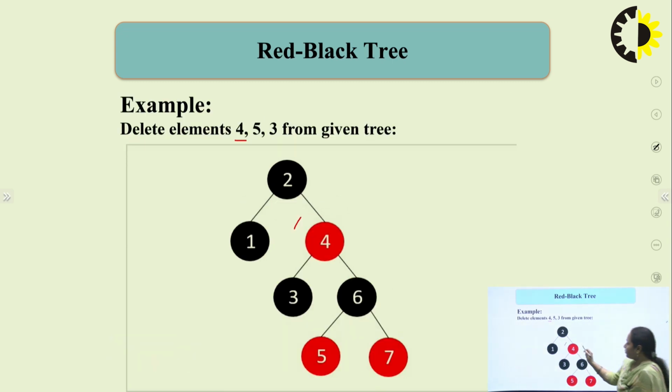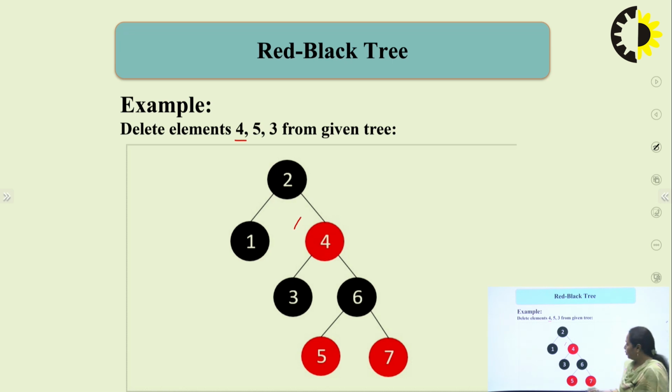Whenever we delete a node which has children, the BST process says to replace the node with its in-order successor. The in-order successor of 4 is 5. So 5 will replace this 4. After that, we will delete this 5 because it is duplicate data.